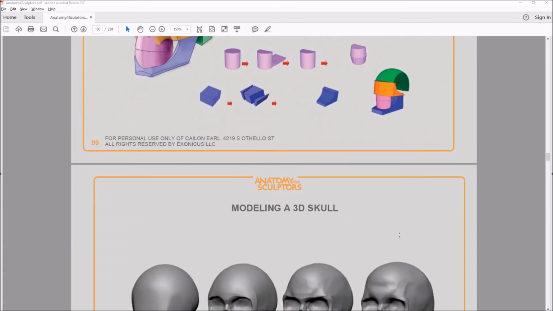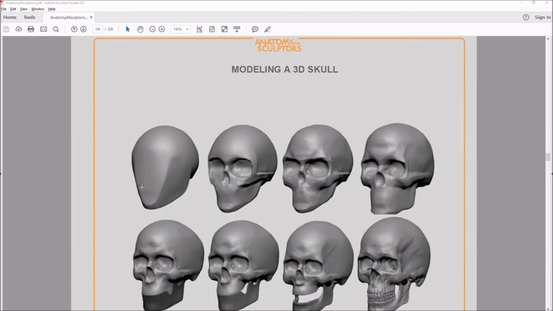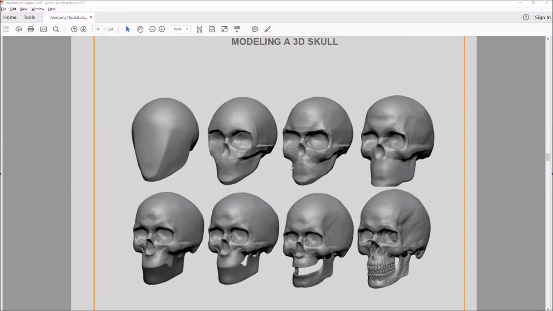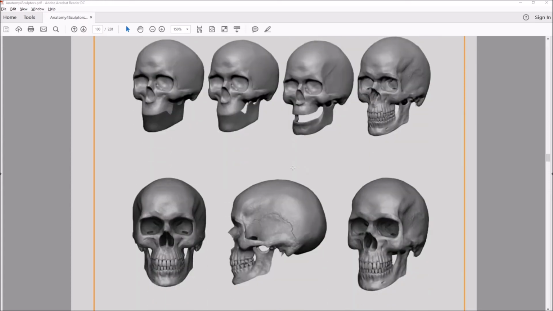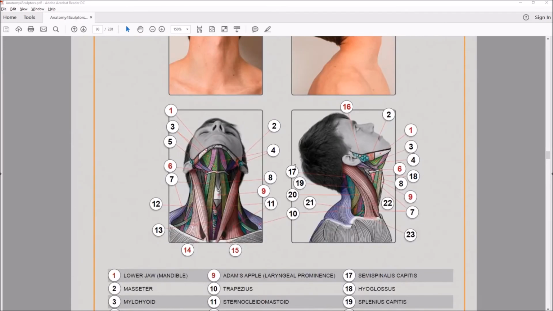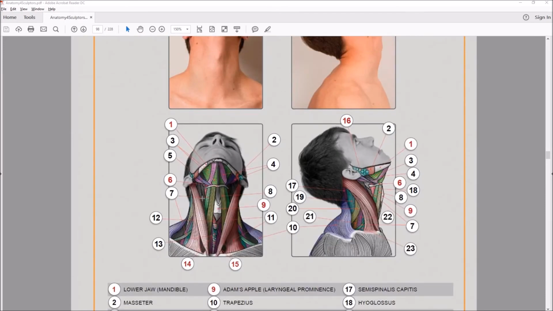And just breaking it down to simple shapes. And then this shows a process of doing the planes and just developing it more. And there you go. So that's really awesome.